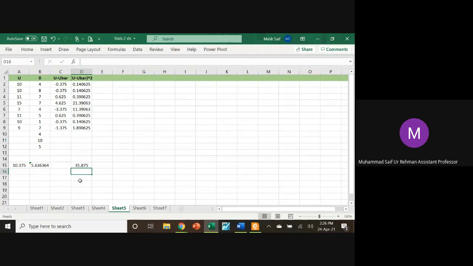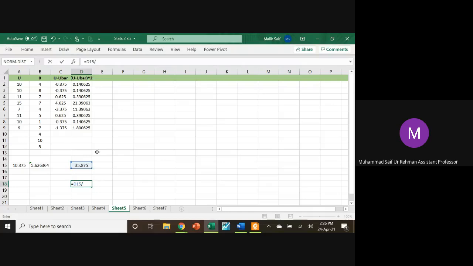So what will you do? You may write down here equal to this value divided by the degree of freedom. So how many numbers are there? 1, 2, 3, 4, 5, 6, 7, 8. Subtracting 1, the degree of freedom is 7.